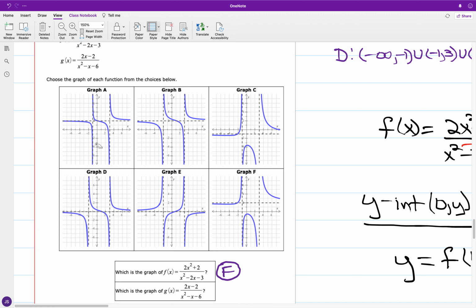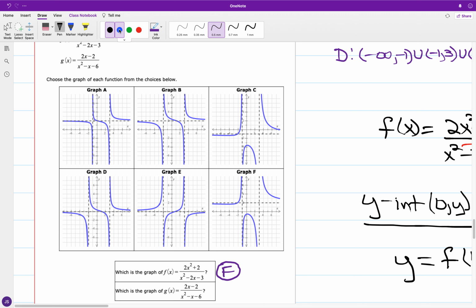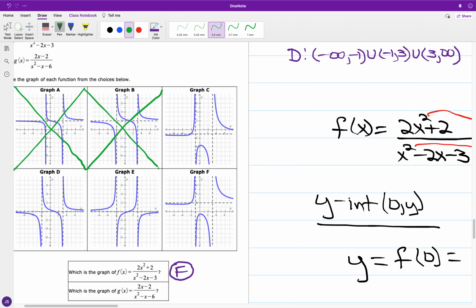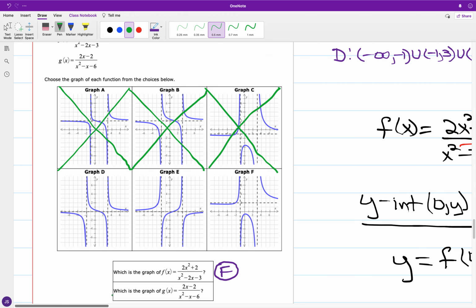It's got negative 2, 3, but I got the wrong horizontal asymptote for graph A. And I don't have x equal to negative 2 either. Got negative 2, 3, but I got the wrong horizontal asymptote again. C does not belong. And where I have x equal to negative 2, x equal to 3, well, F is not present.